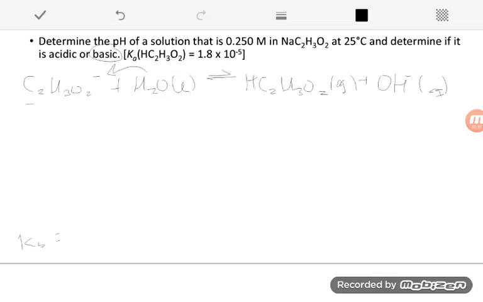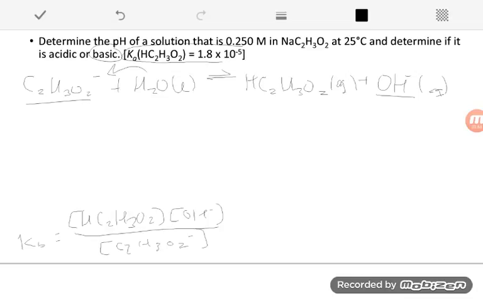That's always the next step that we do. So this is a conjugate base, produced OH minus. We're going to have a Kb, and we just do our usual products over reactants. HC2H3O2 times OH minus over C2H3O2 minus. Now notice it gave us a Ka.